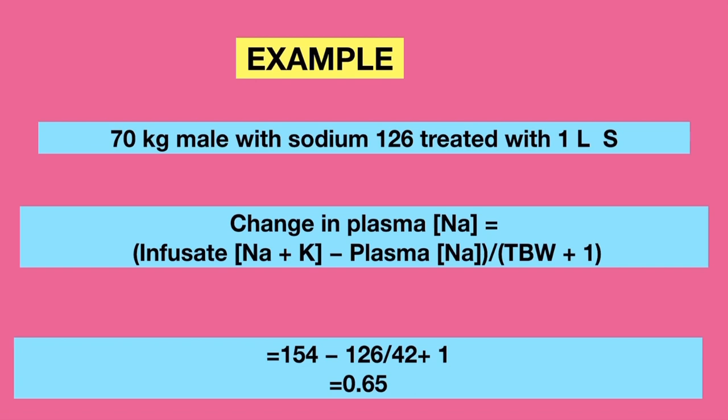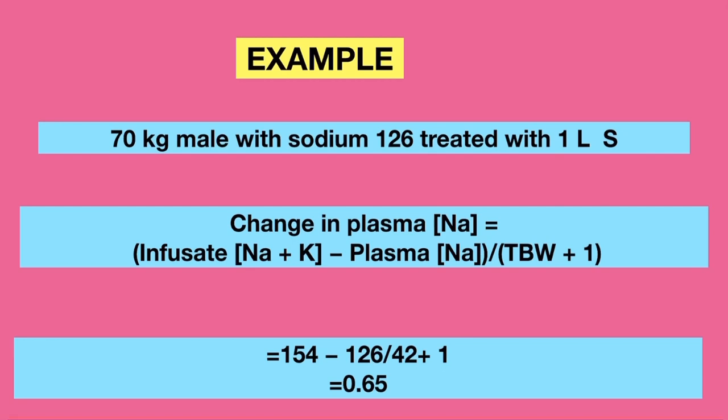That minus the plasma concentration of the patient, 126, is divided by the total body water plus 1. In a 70 kg male, the total body water percentage is 60%. So 60% of 70 kilogram is 42 kilogram. So the total body water of this patient is 42 liters. Added by 1, it is equal to a 0.65 milliequivalent change in sodium in this patient.